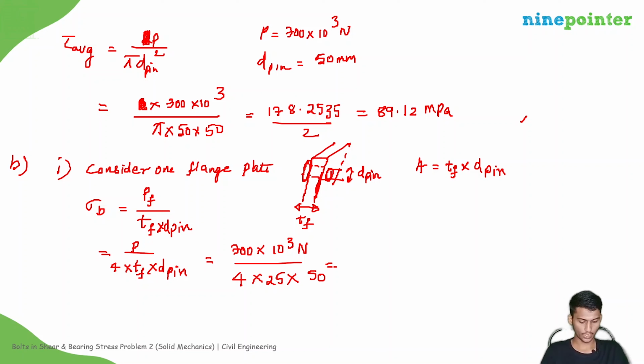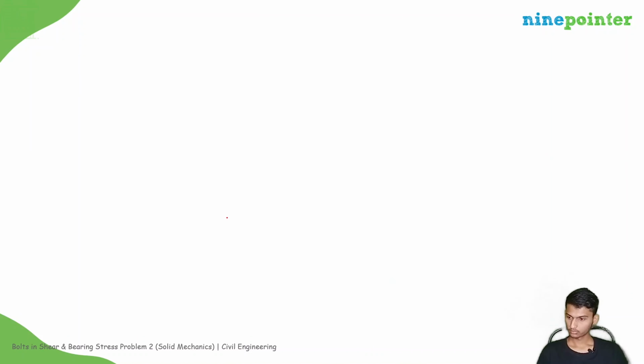Let us put the value in calculator: 700 into 1000 divided by 4 divided by 25 divided by 50. So we are getting 140 MPa.